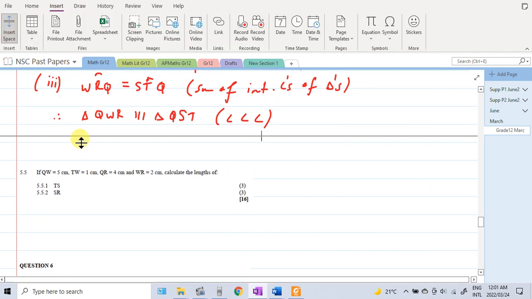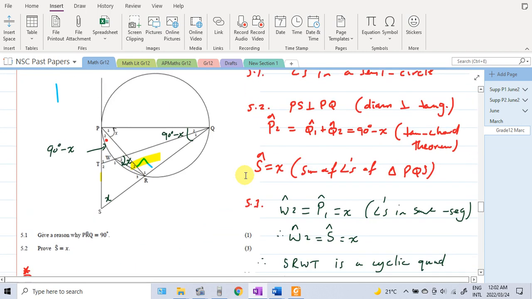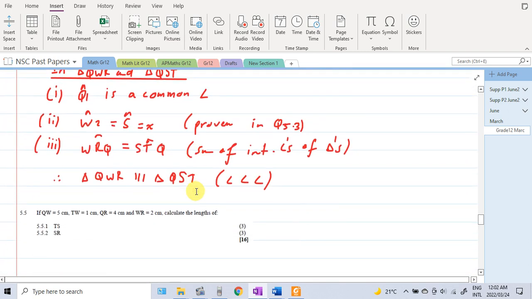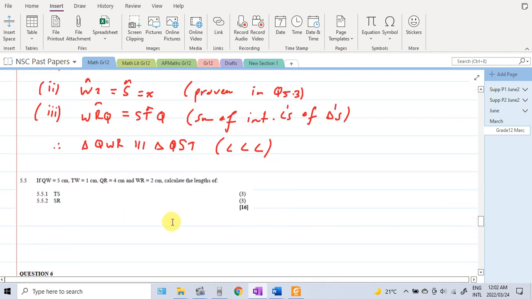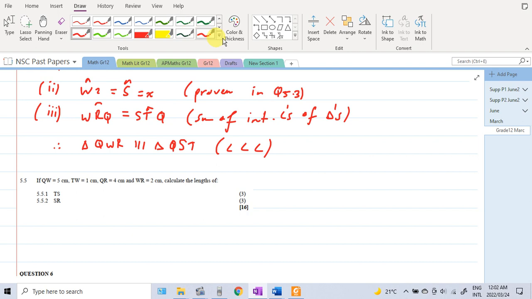So what do we have here? We have some information saying if QW is equal to 5, we need to enter all this information on this diagram.